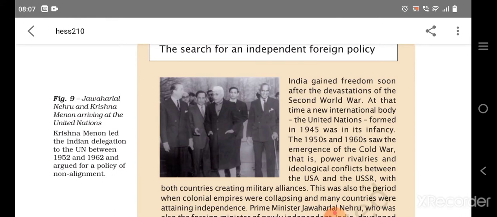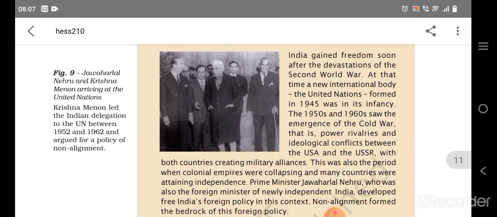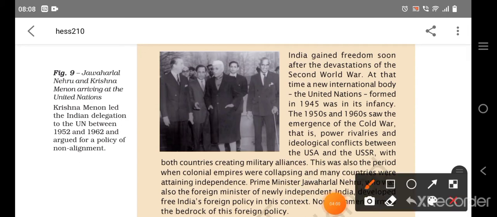Now this Cold War has a lot of things, and we'll study about it later. Now it is saying that at the end of 1945, a newly born international body was established throughout the world, the United Nations, or UN.